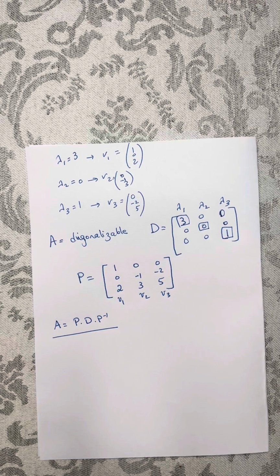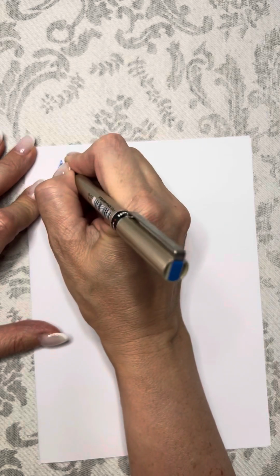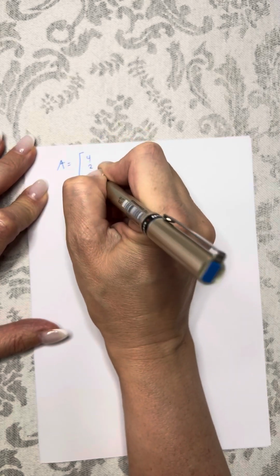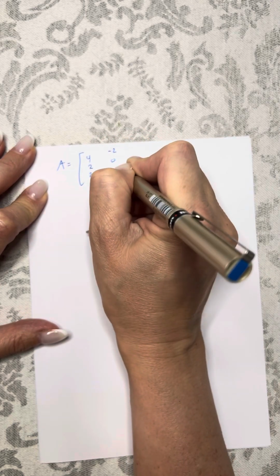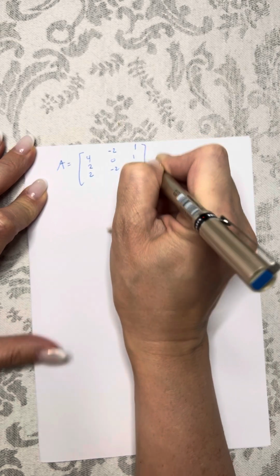Let's look at one more example. A is 4, 2, 2, minus 2, 0, minus 2, 1, 1, 3.